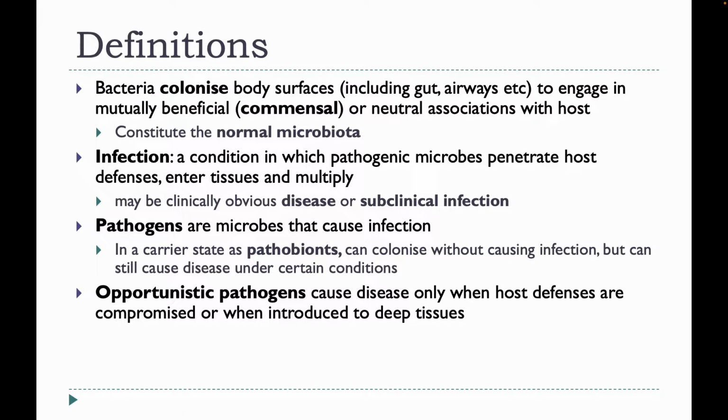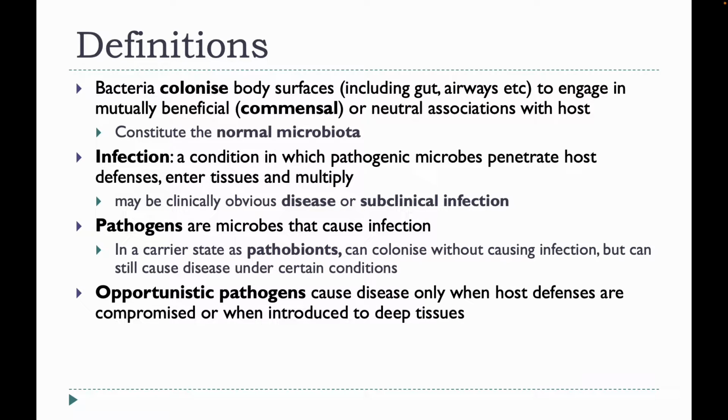Pathogens is the name given to microbes that cause infection. Some people use this term pathobionts. I think it's quite an ugly term and I don't ever use it, but the point is that some pathogens can colonise you without causing disease. And some potential pathogens that cause disease in one body compartment can live in another body compartment without causing any trouble.